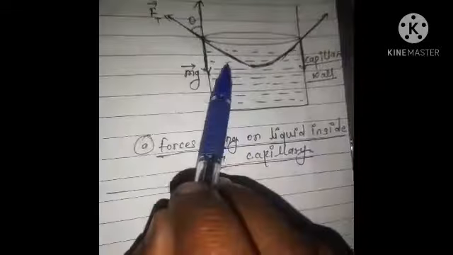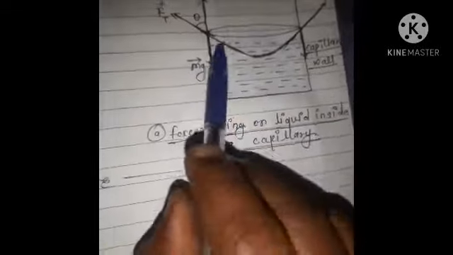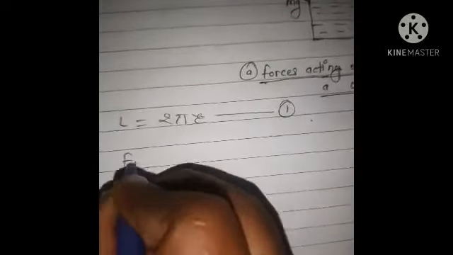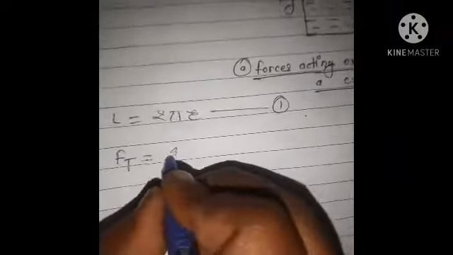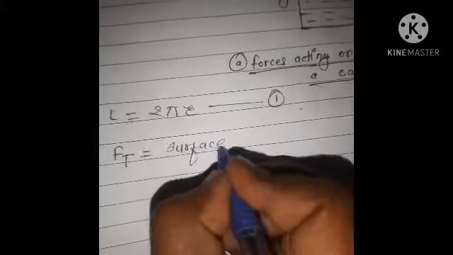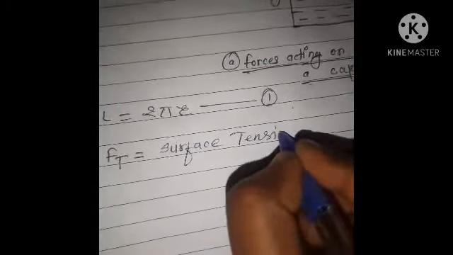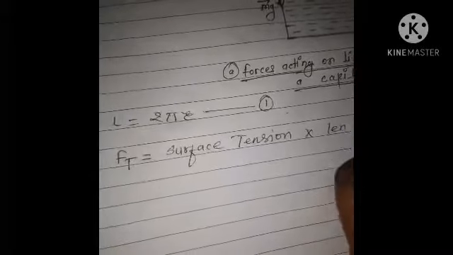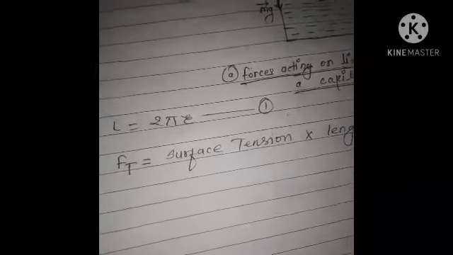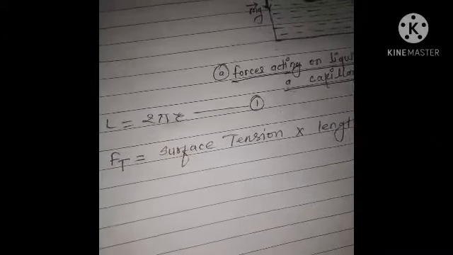Now the force due to surface tension of liquid is given by Ft is equal to surface tension into length of liquid contact.